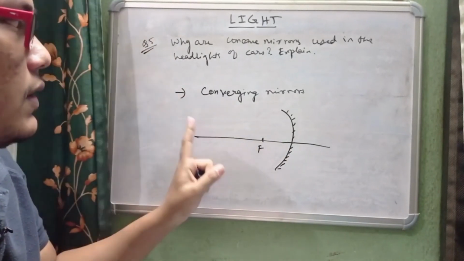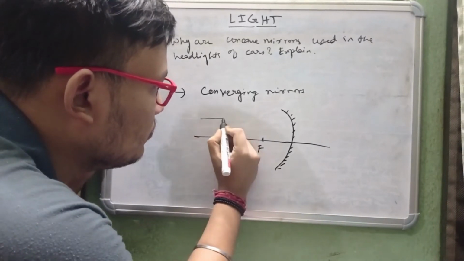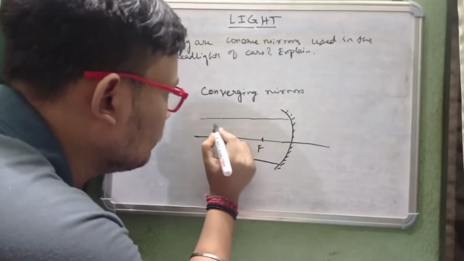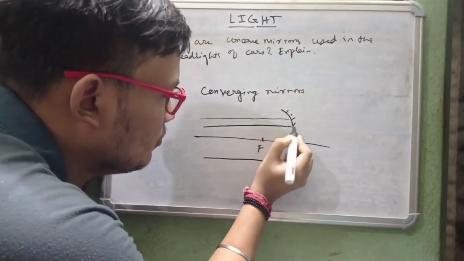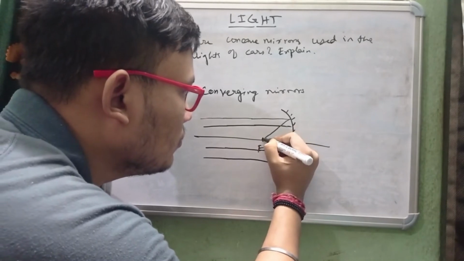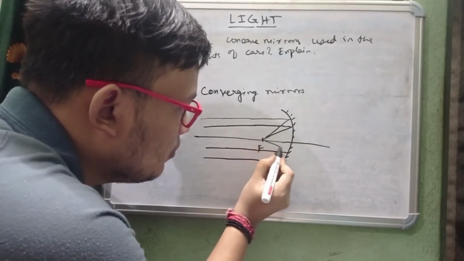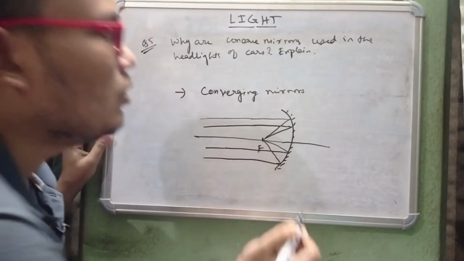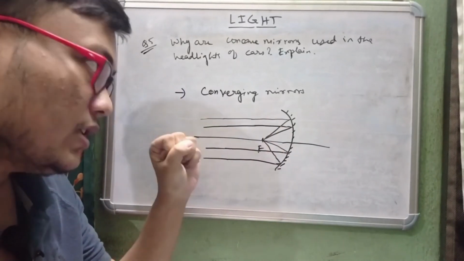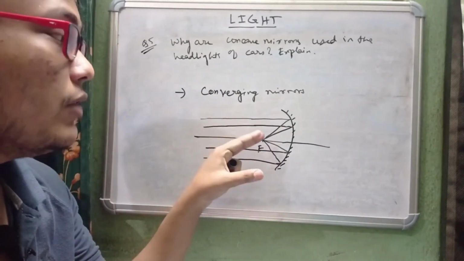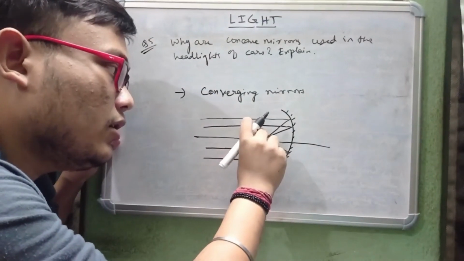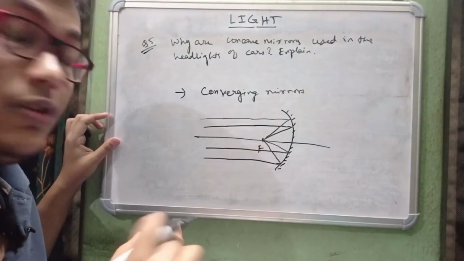So we know, as I discussed, if rays traveling parallel to the principal axis, after reflection will converge at a point, that is F. It's a rough diagram. Now, however, if we place the source of light at F, now it will be the reverse, right?